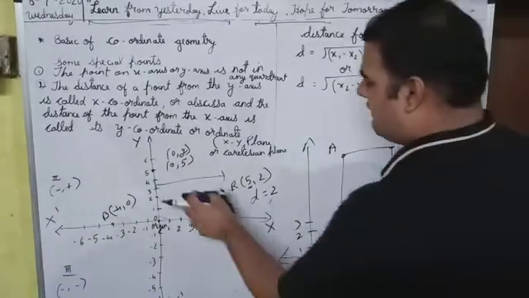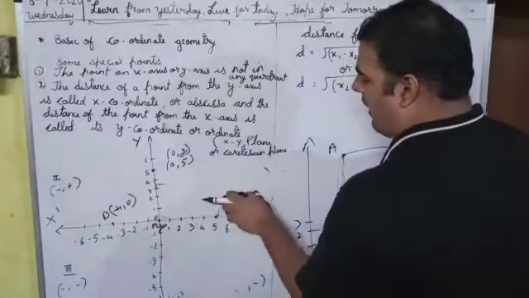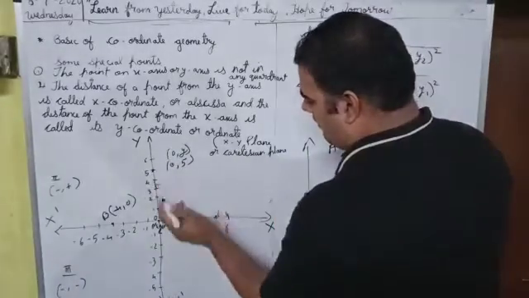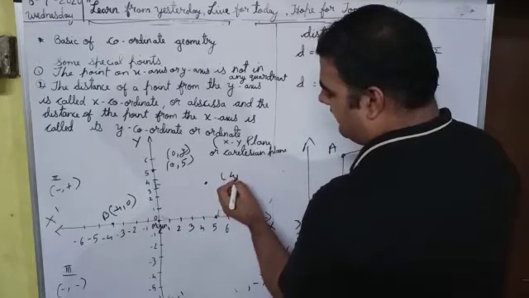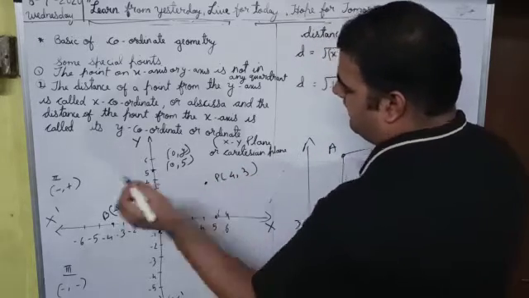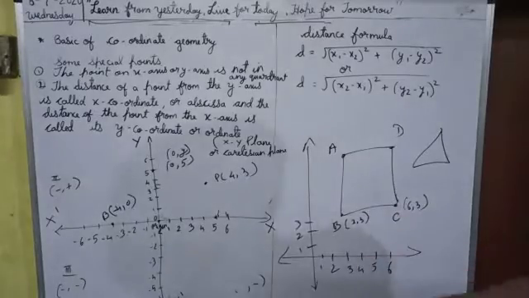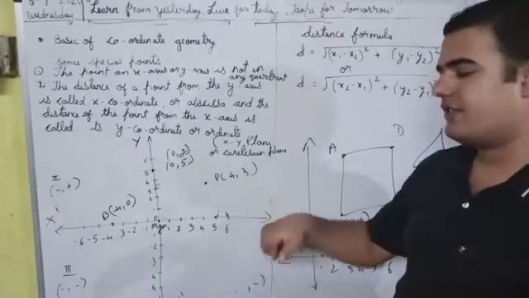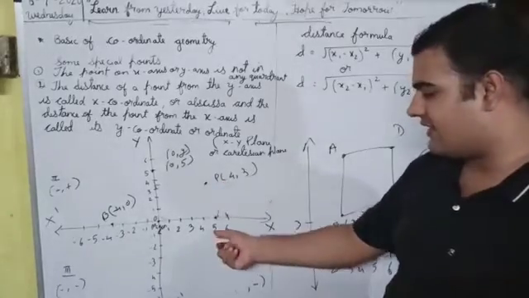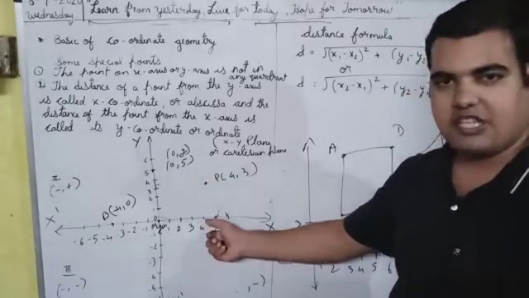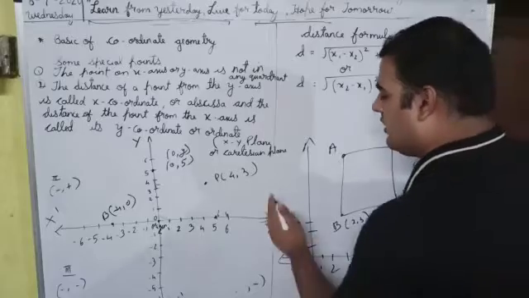One question we will take. A point is there here, we will say it is 4, 3. Point P is there. Can you solve this? Yes, you can. The distance of point P from the x-axis will be its y coordinate, which is 3.